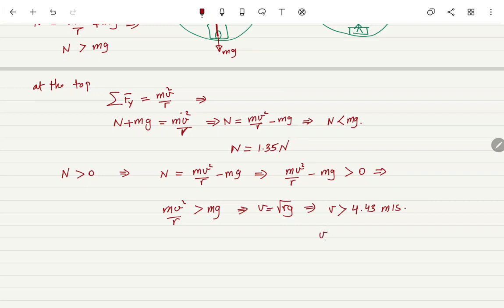The minimum value has to be equal to 4.43 meter per second. This is the minimum value of the speed in order for the object not to fall down.